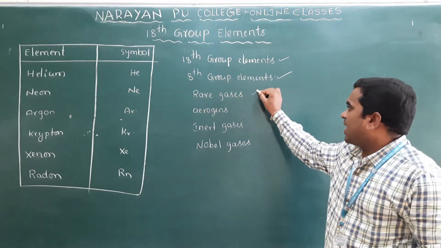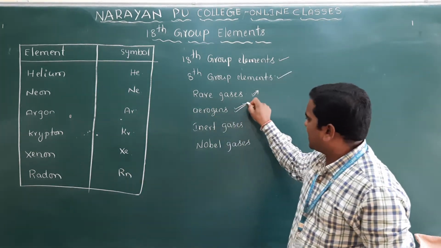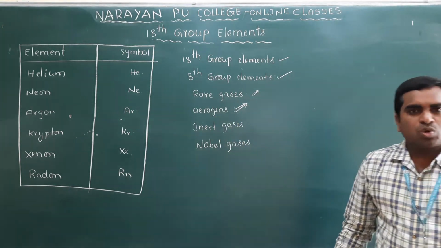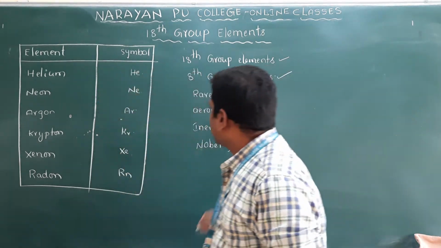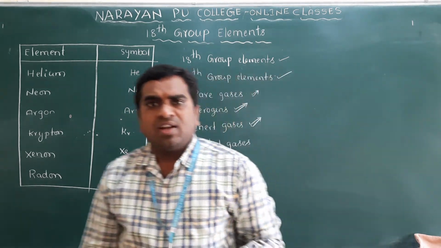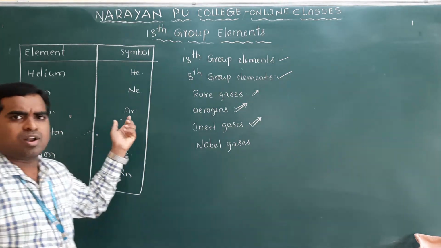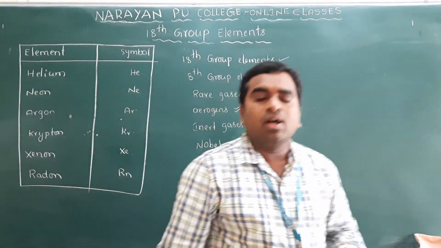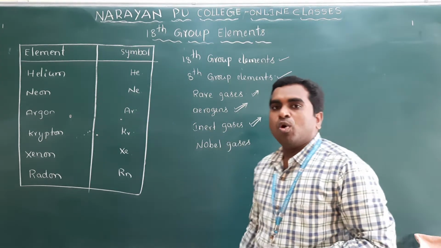So that's why they are called rare gases. They are present in the air, so they can also be called aerosols. They do not show any chemical reactivity at room temperature, so they are called inert gases also. Clear? But some compounds of xenon and krypton were prepared later, so the name was changed to noble gases.